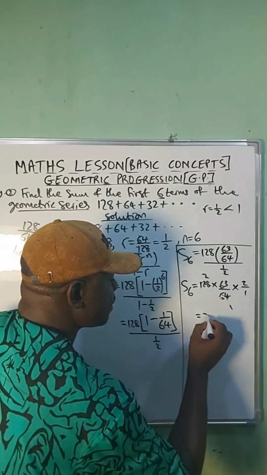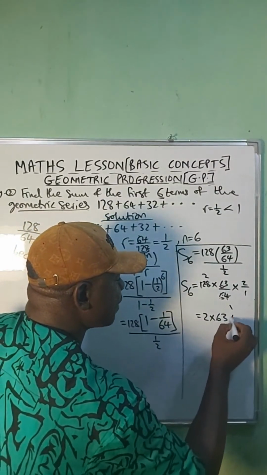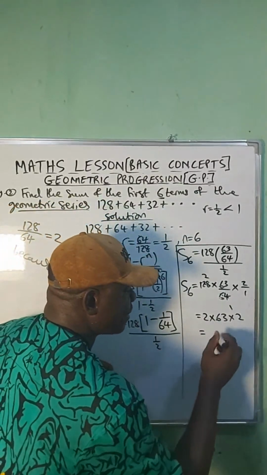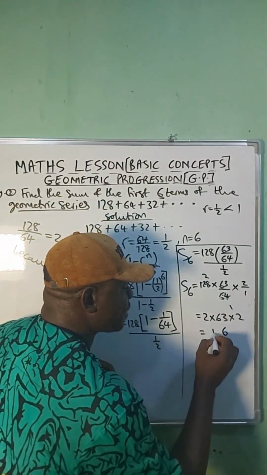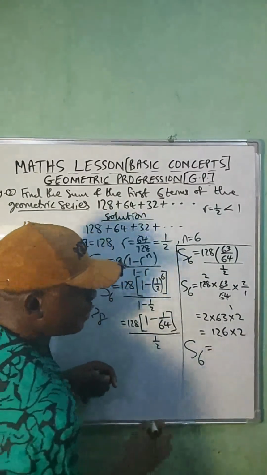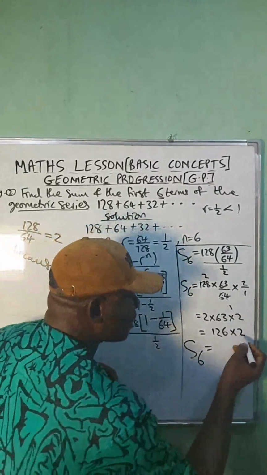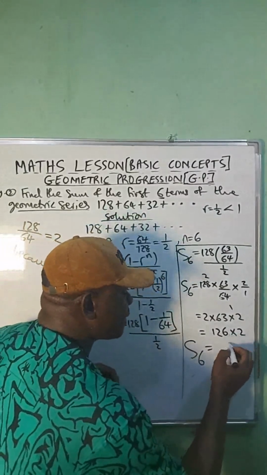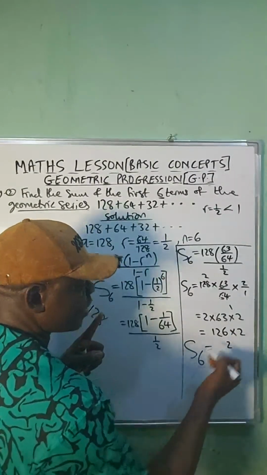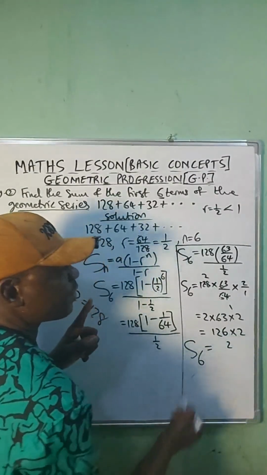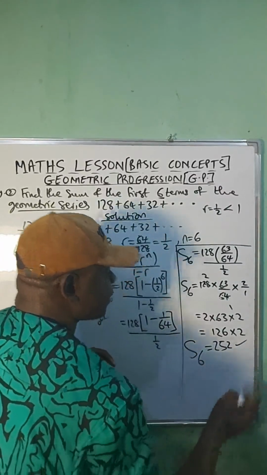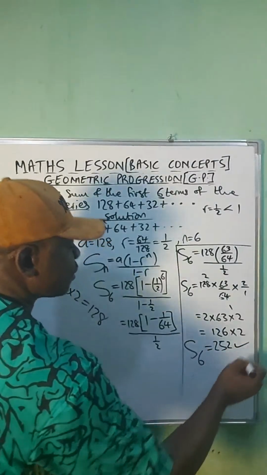So I'm now left with 2 times 63 times 2. 2 times 3 is 6. 2 times 6 is 12, carry 1. 2 times 6 is 12, carry 1. Then 2 times 12 is 24, plus 1. So the answer is going to be 252.